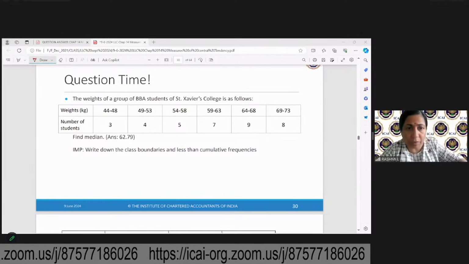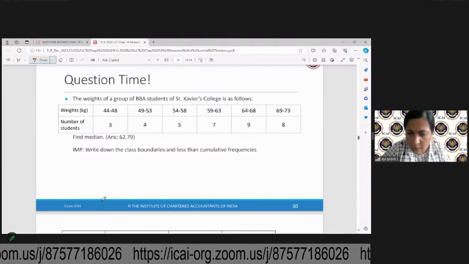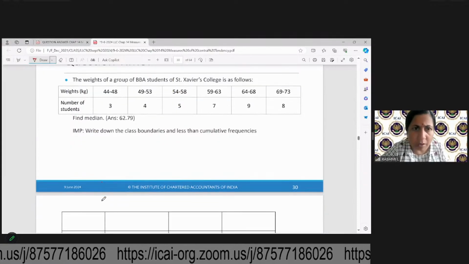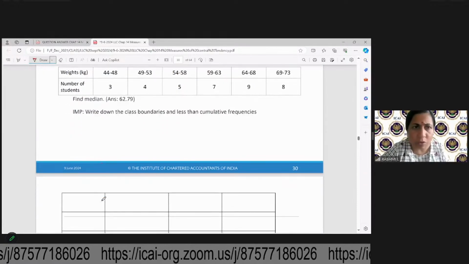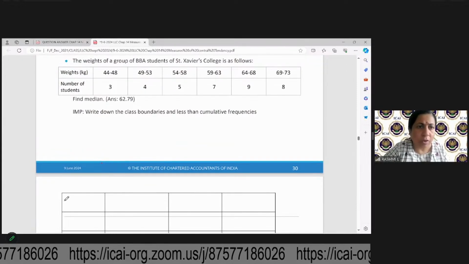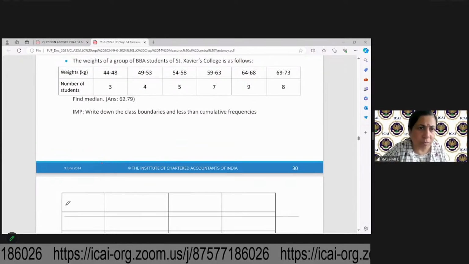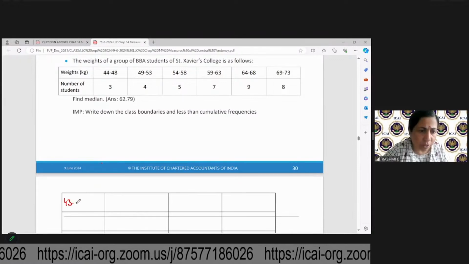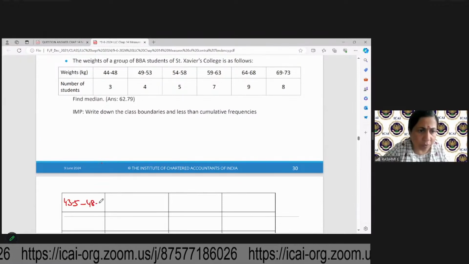So what you have to do here is write down the boundaries. For 44 to 46, it will be how much? 43.5 to 48.5.